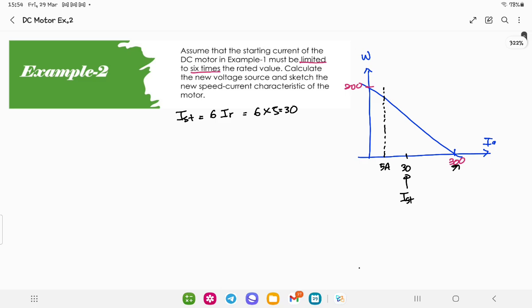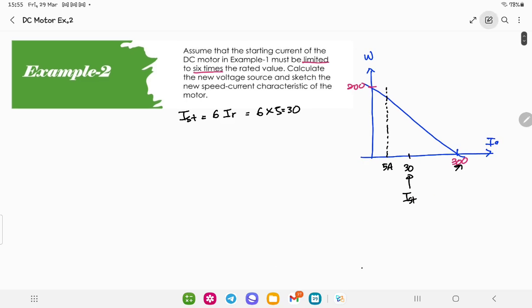Example 2. Now how much do we need to reduce this terminal voltage so that the starting current can be reduced to 30 amp, or 6 times higher than the rated value. So what you can do is you already know the new starting current. So this is Ist new.